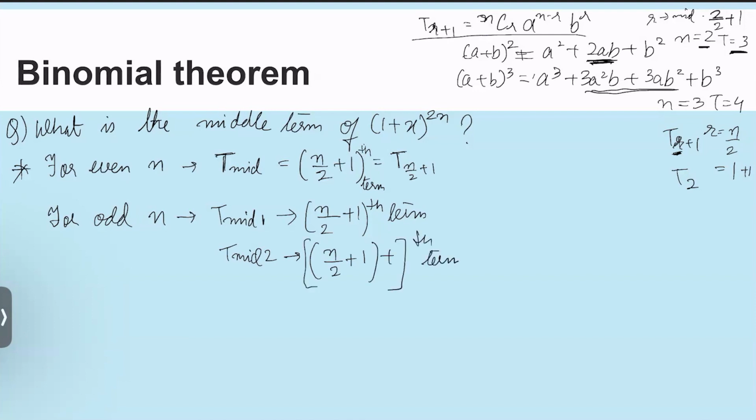Okay, so over here, if you see, your middle terms are actually the second and the third term. Okay, so how do we find the first middle term? So that is n by 2 plus 1. Okay, so it will be what?